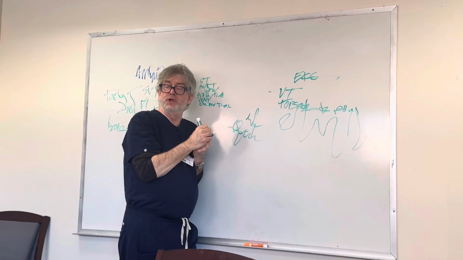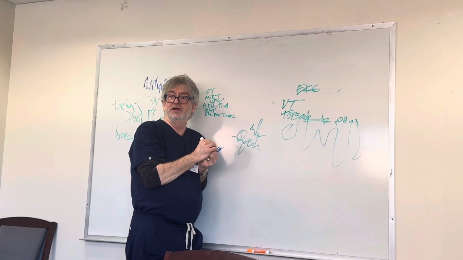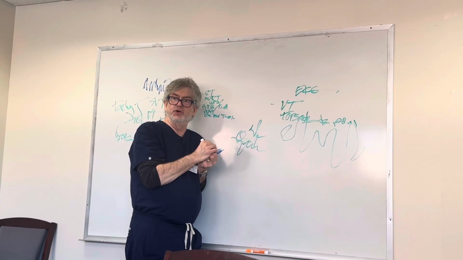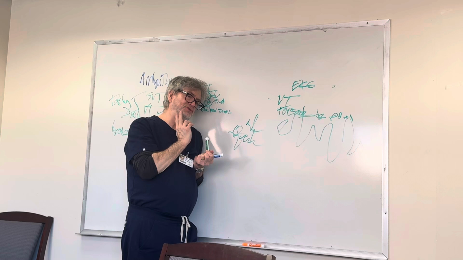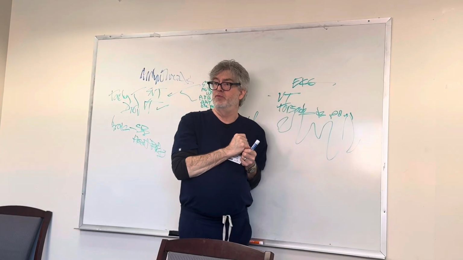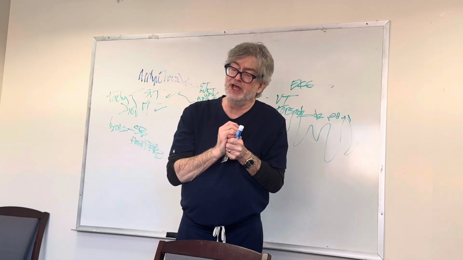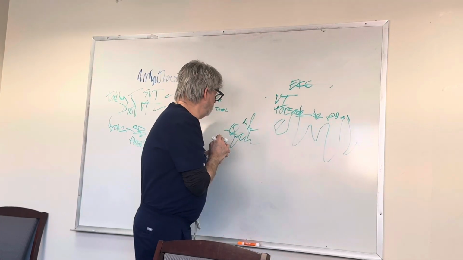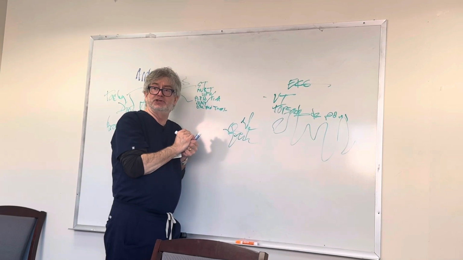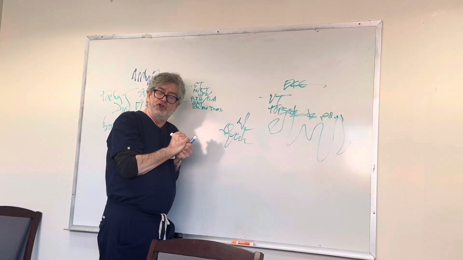What you can do here are vagal maneuvers, such as have the patient do Valsalva or immerse their head in water. Sometimes they do carotid massage, but you've got to listen to make sure they don't have a bruit, they don't have diffuse atherosclerosis. You don't want to precipitate a stroke.